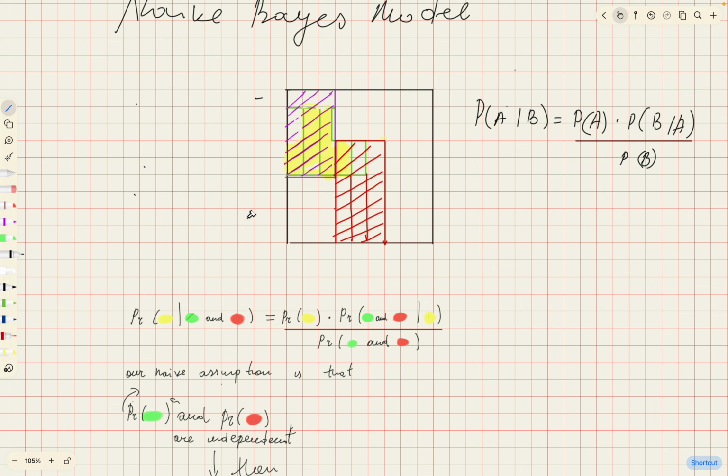Then this formula turns into the probability of observing yellow, multiplied by the probability of observing green and red given that it's already yellow, divided by the probability of observing a square that is both red and green.